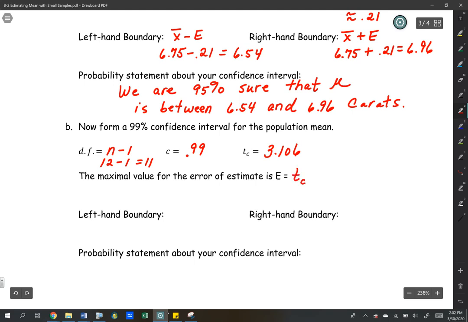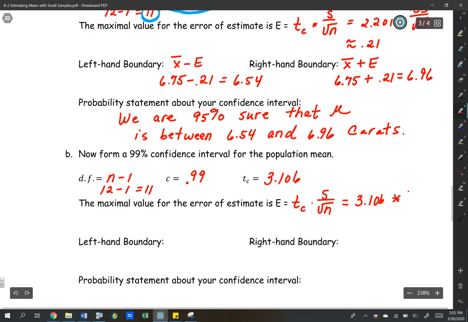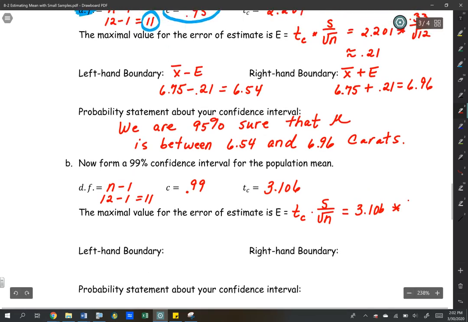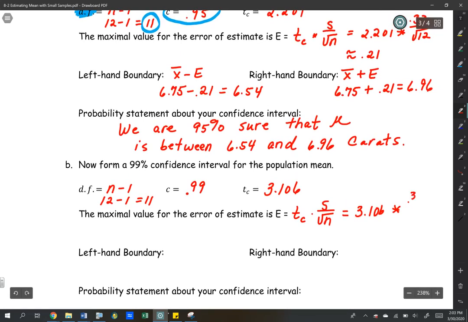E is t sub c times the standard deviation divided by root n. So it's 3.106 times the standard deviation, which hasn't changed. It's 0.33 divided by root 12. That gives us a value of 0.30.